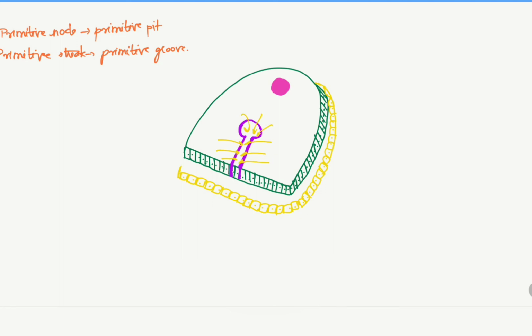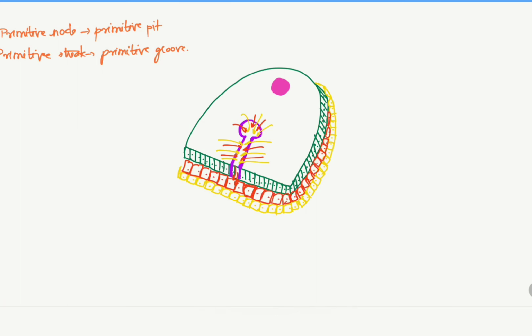As I already mentioned, after the formation of endoderm, another set of epiblastic cells start migrating towards the primitive groove and the primitive bed. So they too fall in between two layers of cells, but this time it is between the epiblast and the endoderm. So they start forming a new cell layer between the epiblastic cell layer and the endoderm.